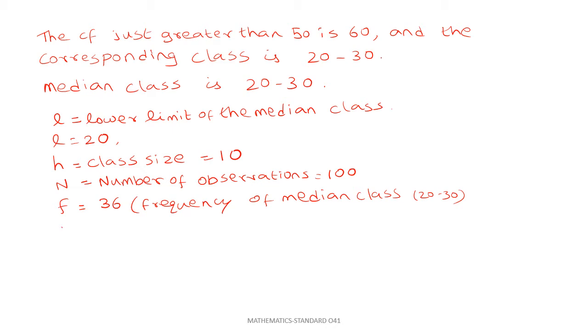Then CF. CF is 24. How to find this value? It is the cumulative frequency of the class preceding the median class. Okay, that is very important. Don't forget this.